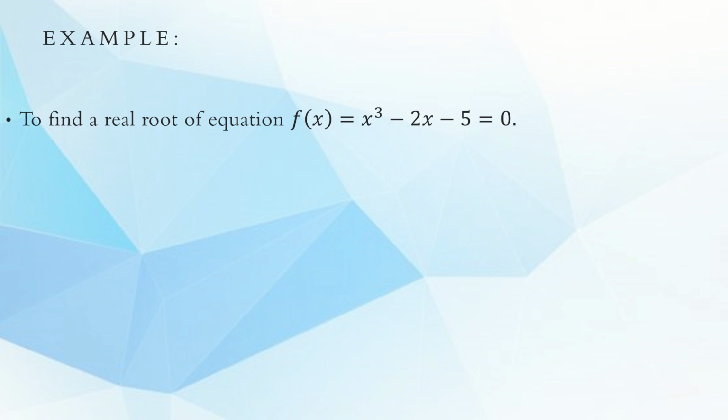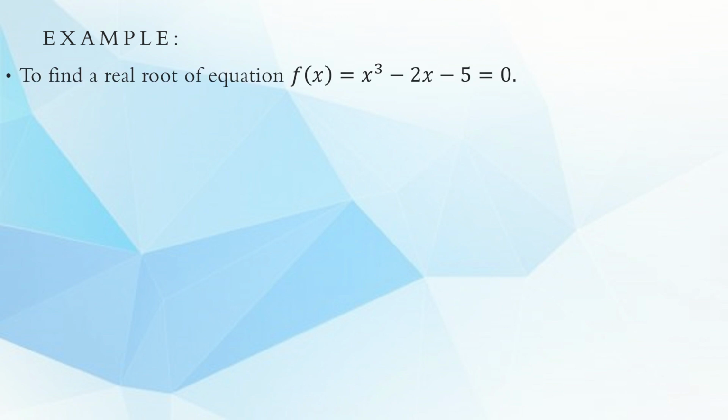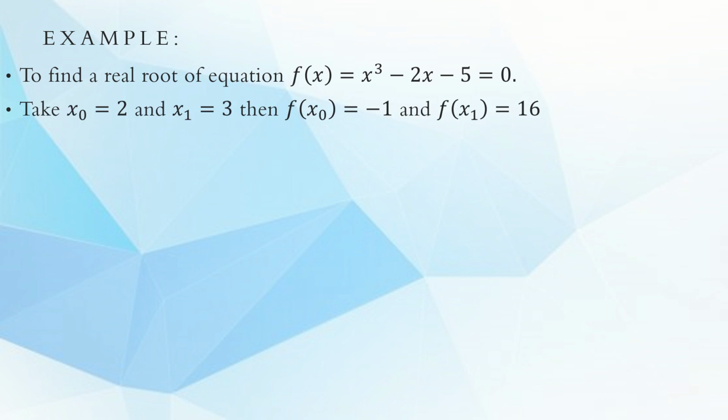Okay, so let's solve this nonlinear equation, which is an algebraic equation and a polynomial equation of degree 3: x cubed minus 2x minus 5 is equal to 0. So f of x in this case is x cubed minus 2x minus 5, and we took two values first: x naught is equal to 2 and x1 is taken as 3. So we would first find f naught.